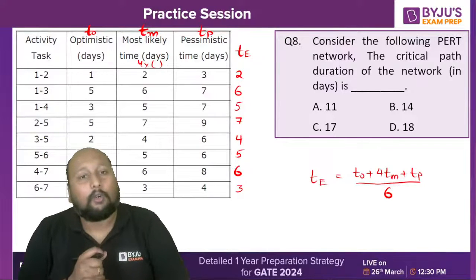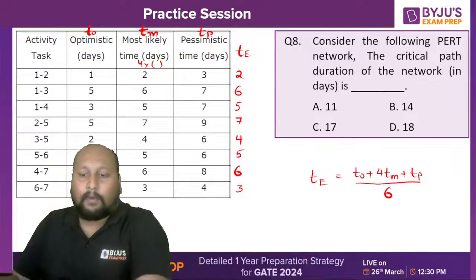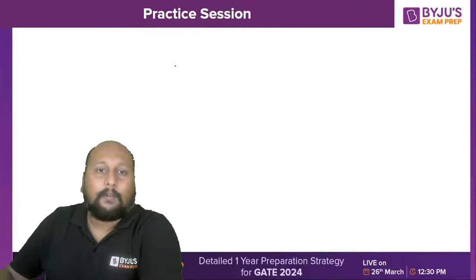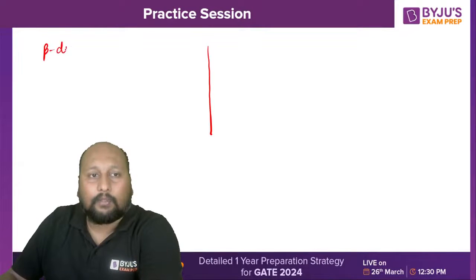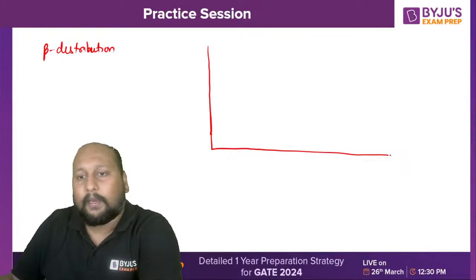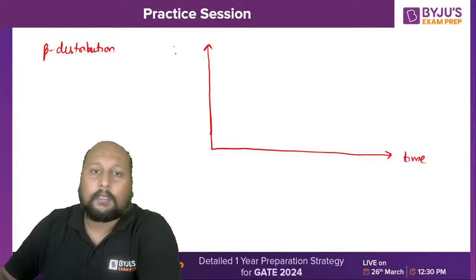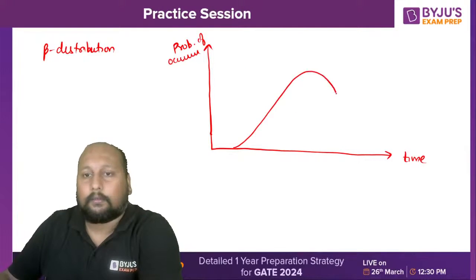to be exactly equal to the most likely time. If you remember, when we studied this, we talked about the activities following a beta distribution. Let's say this is time and this is the probability of occurrence.